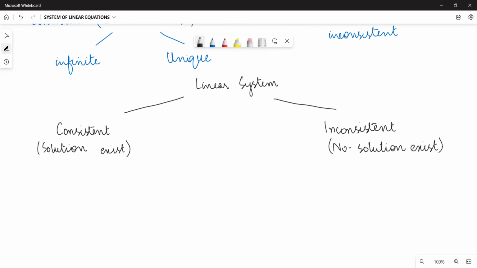How do we know that the solution exists, that the system is consistent? We have our matrix A, and we also have the augmented matrix, denoted AB.